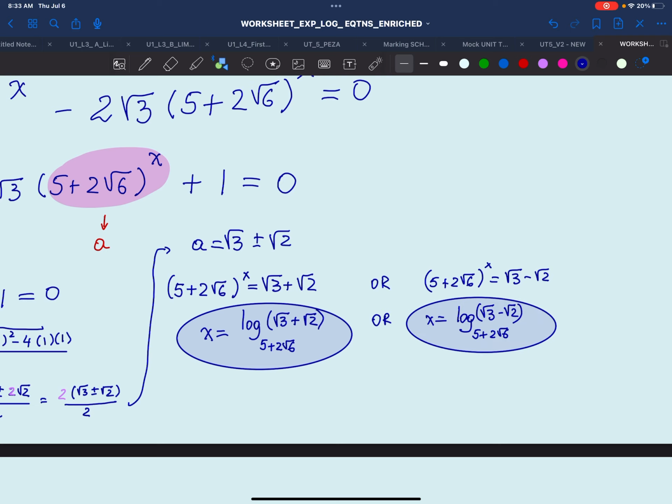One way of doing this is by simply writing it with a change of base formula.